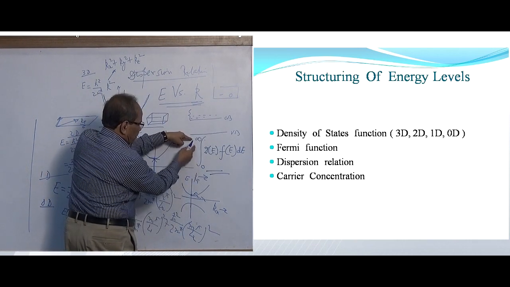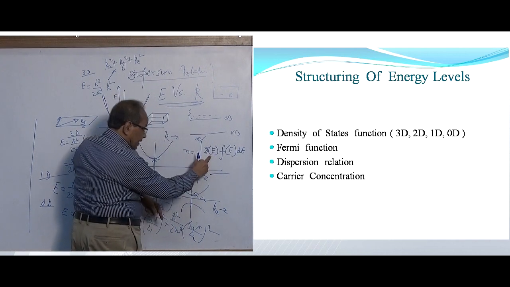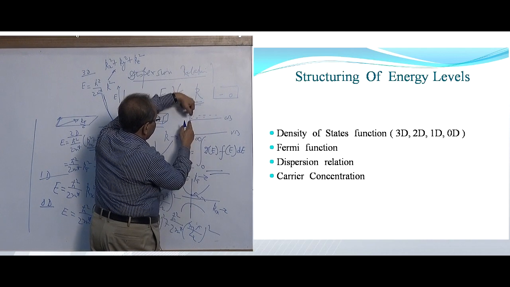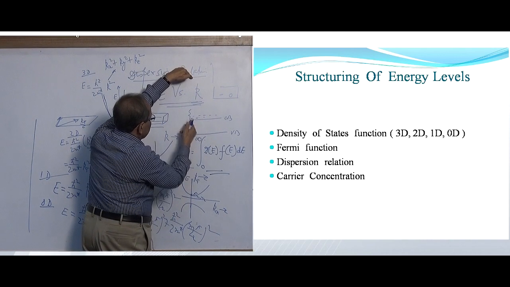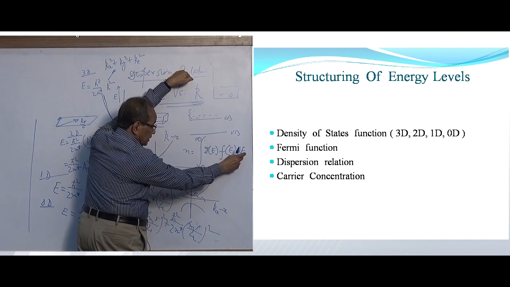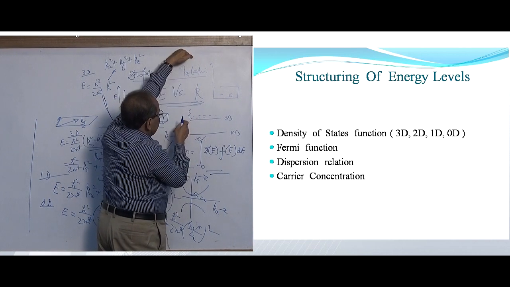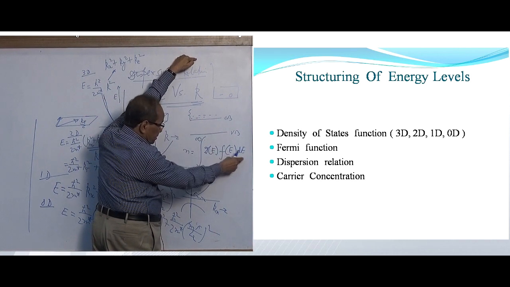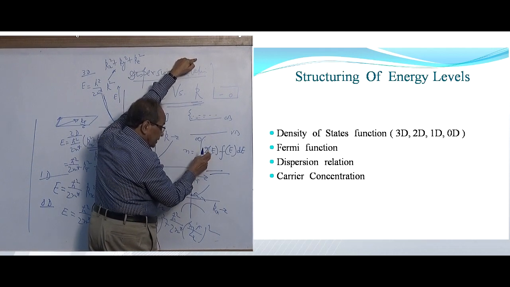So I am taking 0 to infinity, an integral. This E runs from 0 to infinity, so I am covering all the energy levels with this integration, and D(E) dE is the number of states.